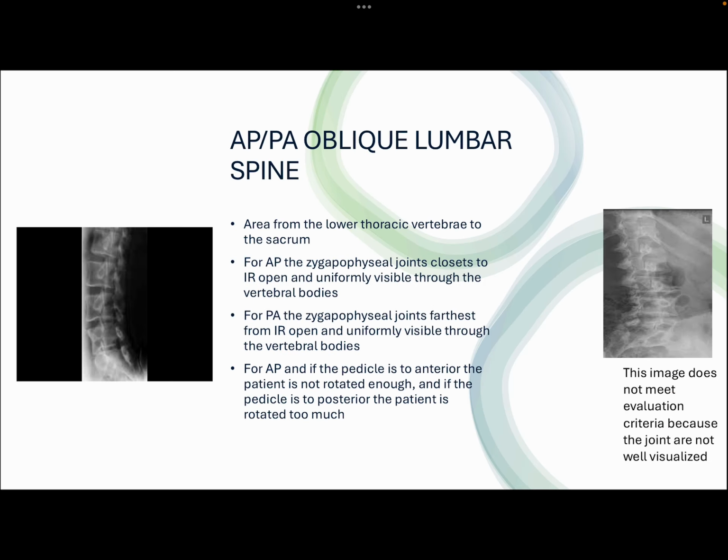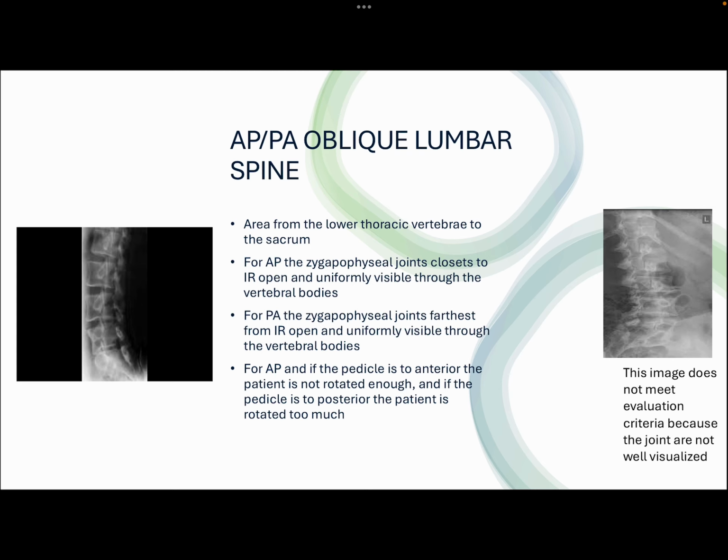So the evaluation criteria for this. For the AP, you want the Z joints closest to the IR open and uniformly visible through the vertebral bodies. For the PA, you want the Z joints farthest from the IR uniformly visible through the vertebral bodies.